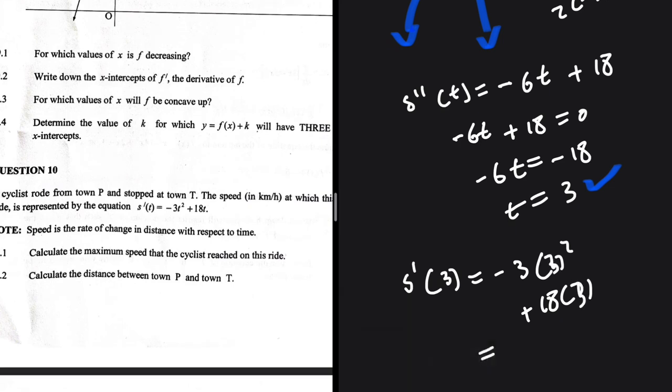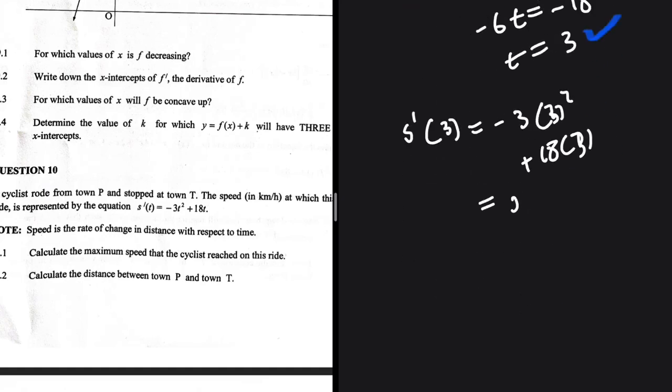Why am I substituting 1? This is fatigue, that's what happens when you are extremely tired. So minus 3 multiplied by 3 squared plus 18 multiplied by 3 is equal to 27. So the maximum speed is 27.